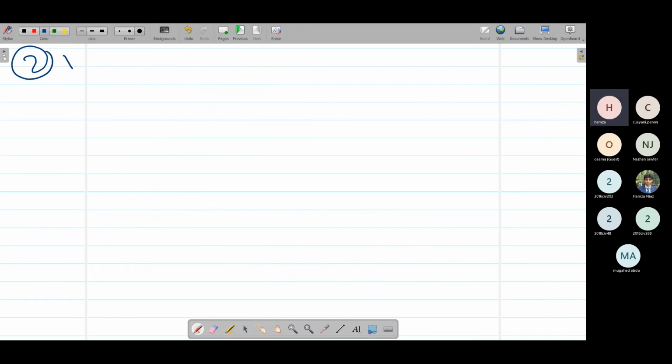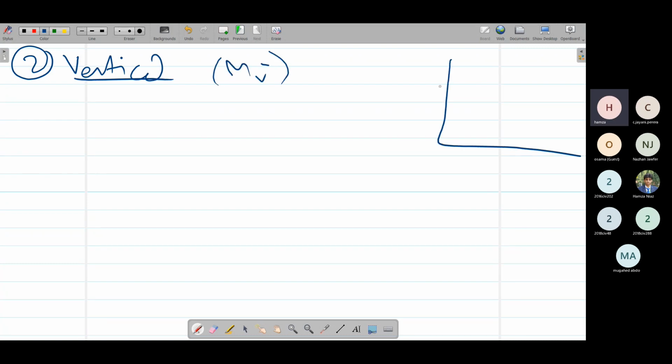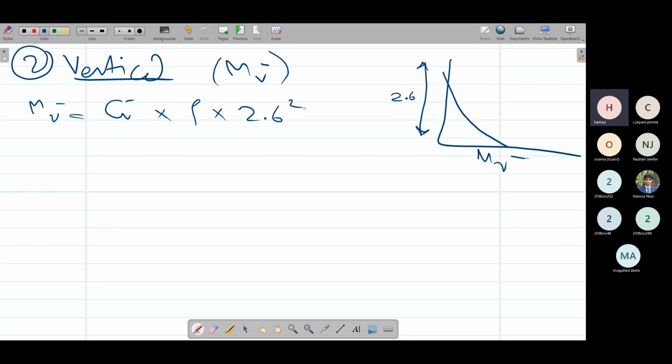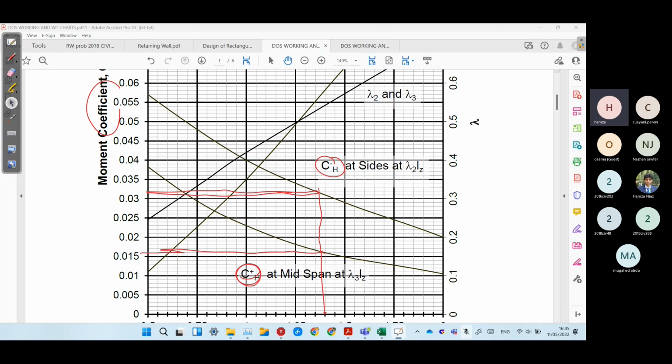Afterwards, now we are going to move towards vertical. For vertical, only MV negative is present. Why? Because I said that this is free at top. So MV negative would be simply CV negative into P into the height in the vertical direction, which is 2.6, so we multiply by 2.6 square. The CV negative coefficient we can check from these tables.